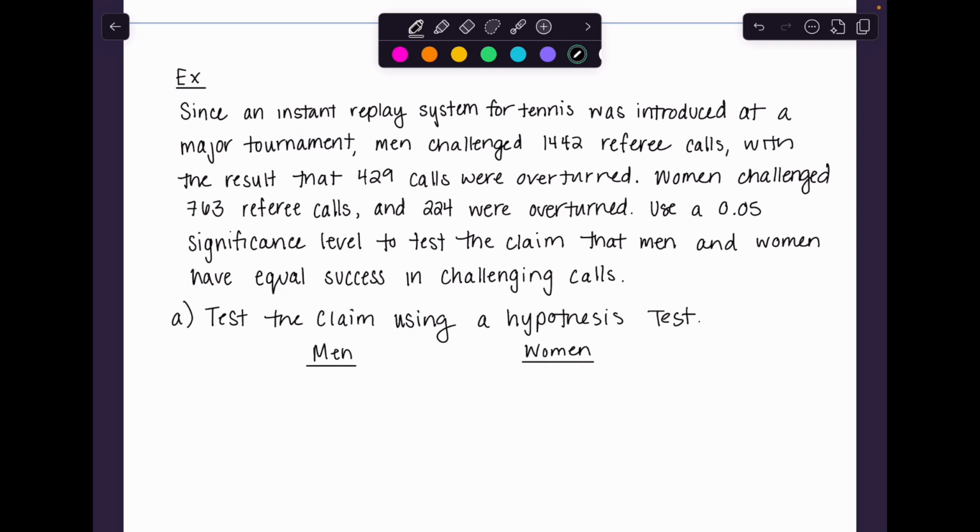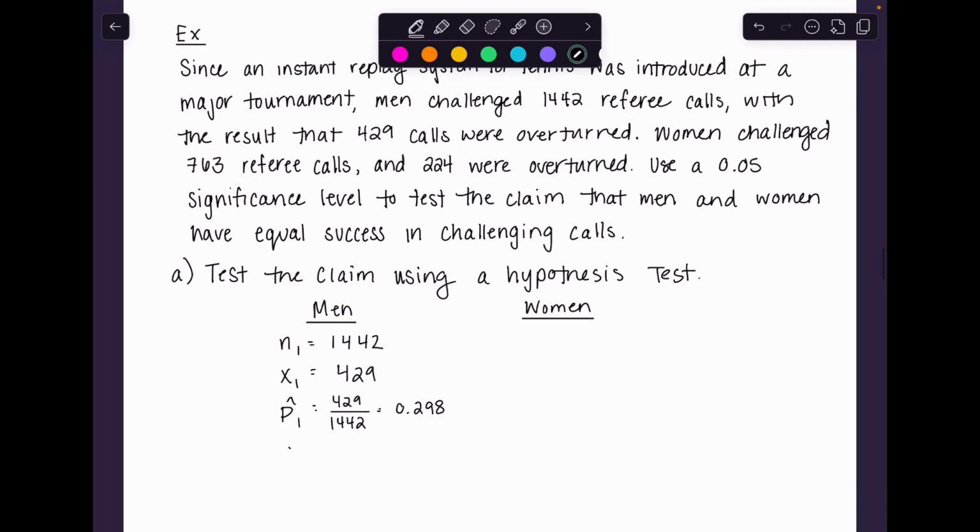So for men, that sample size is going to be 1,442, and the number of successes they actually give us this time, 429 of those calls were overturned. So this proportion is 429 out of 1,442. So this gives us roughly about 29.8% of calls being overturned.